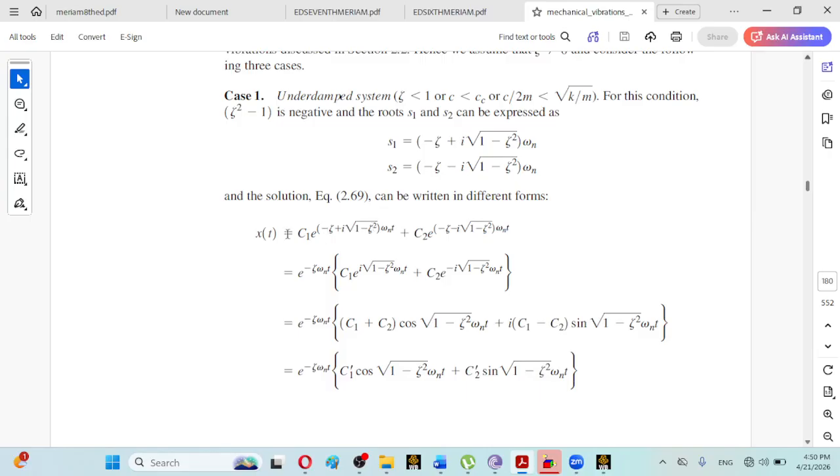Now, as we had transformed or modified the equation in the first part of this chapter for the undamped oscillation, we will be modifying or manipulating it. What the author has done here is that we have written every term as the product of two terms.